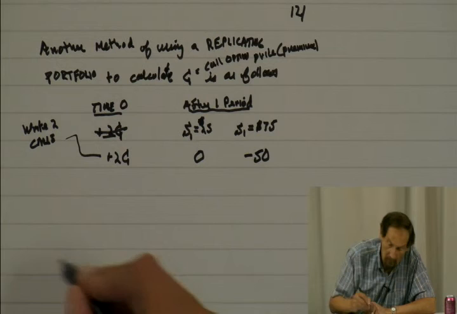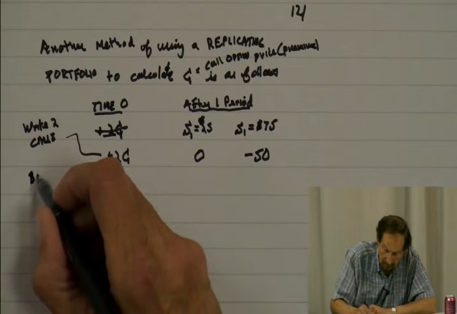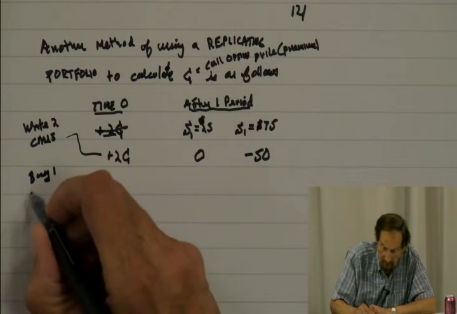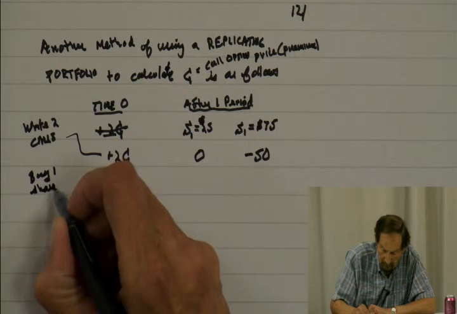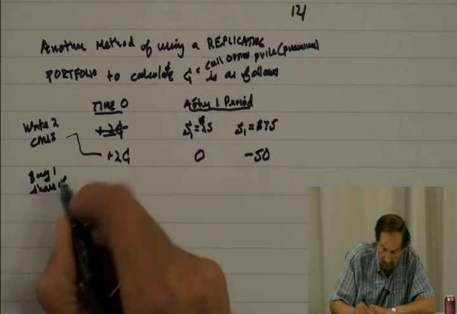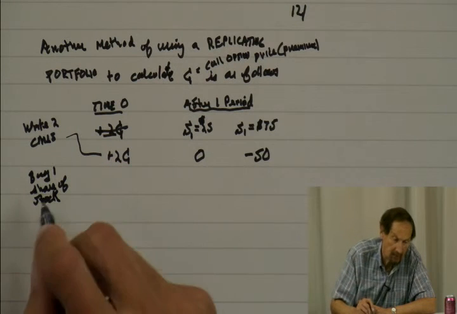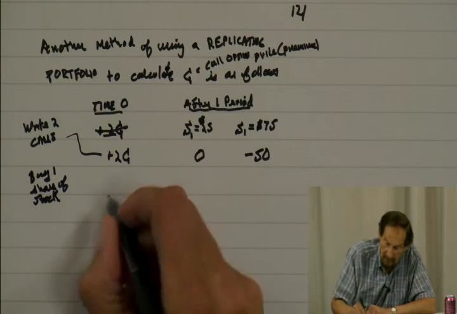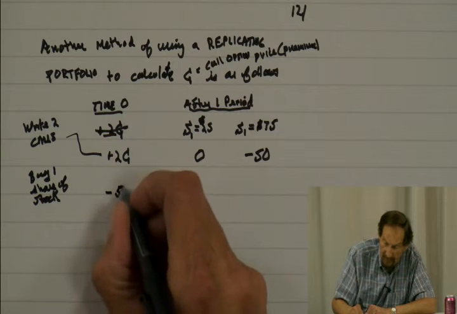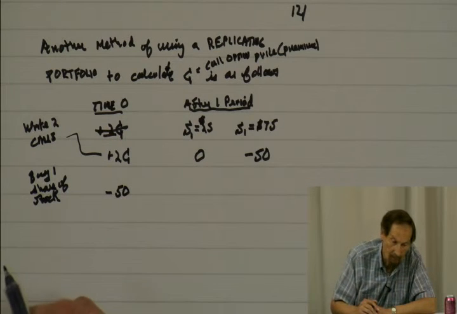Now, if we buy one share of stock, so our asset is now going to be stock. It's going to cost us $50 here.